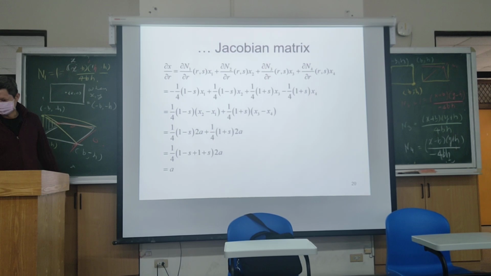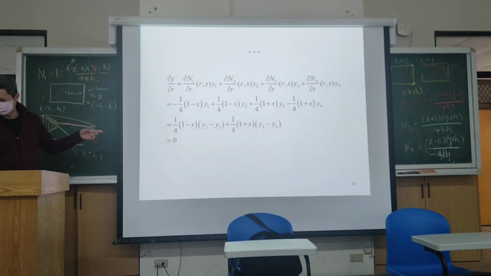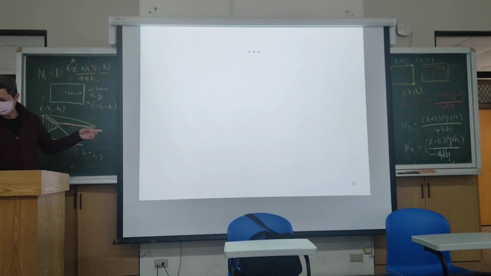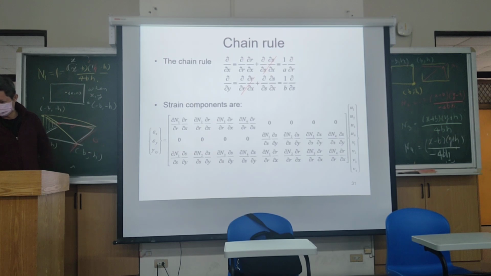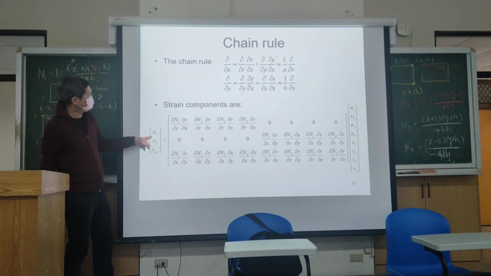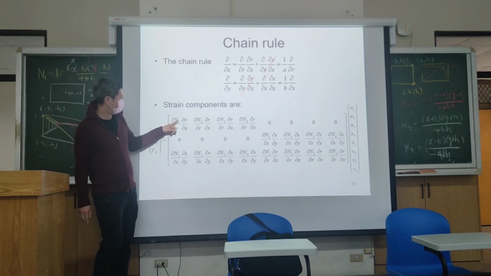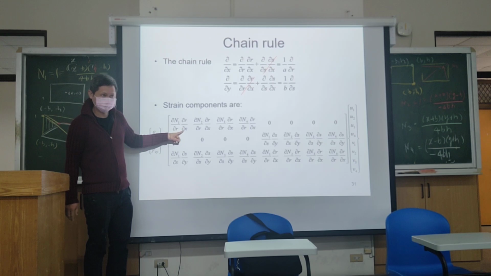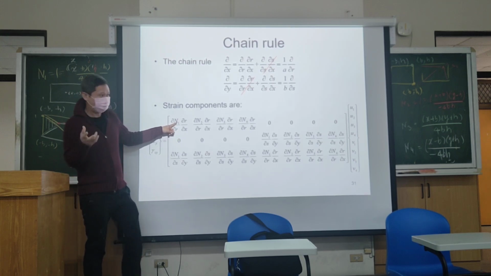So this is the way I calculate del x del r, del y del r. By using this chain rule, eventually you are going to do these transformations. This is del N1 del x, but my N1 is in terms of r and s.